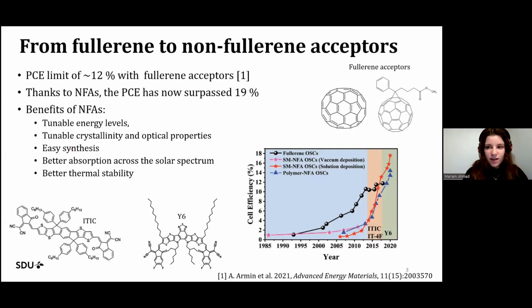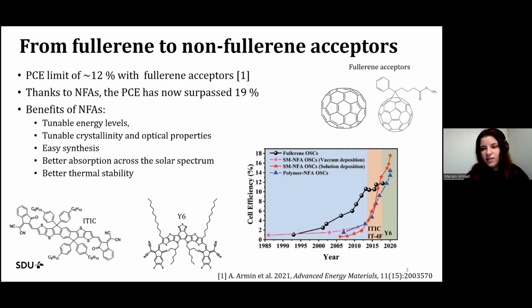And a very important development that happened in the world of organic photovoltaics is the transition from fullerene to non-fullerene acceptors or NFAs. So for a while, fullerenes such as C60, C70, and PCBM were used as electron acceptors in organic solar cells, and they did really help the development of organic solar cells.